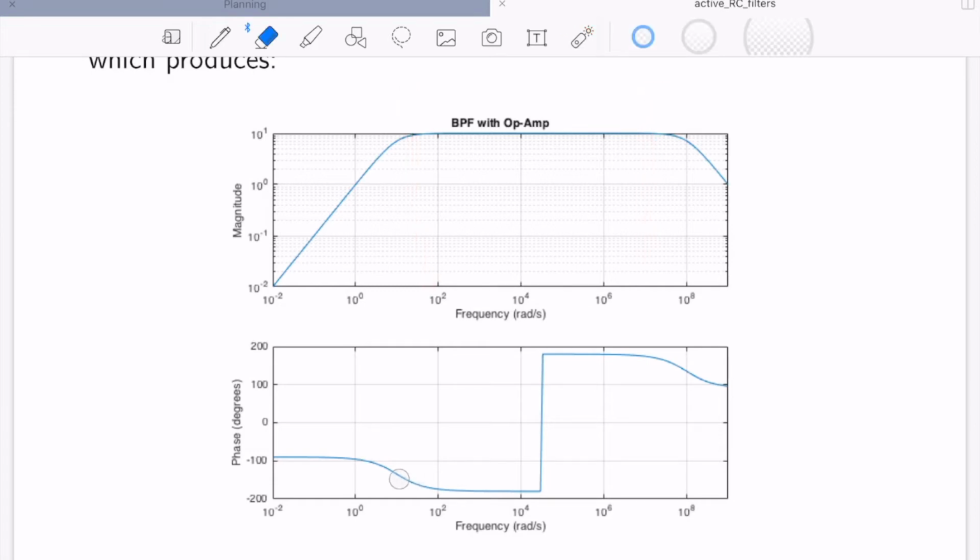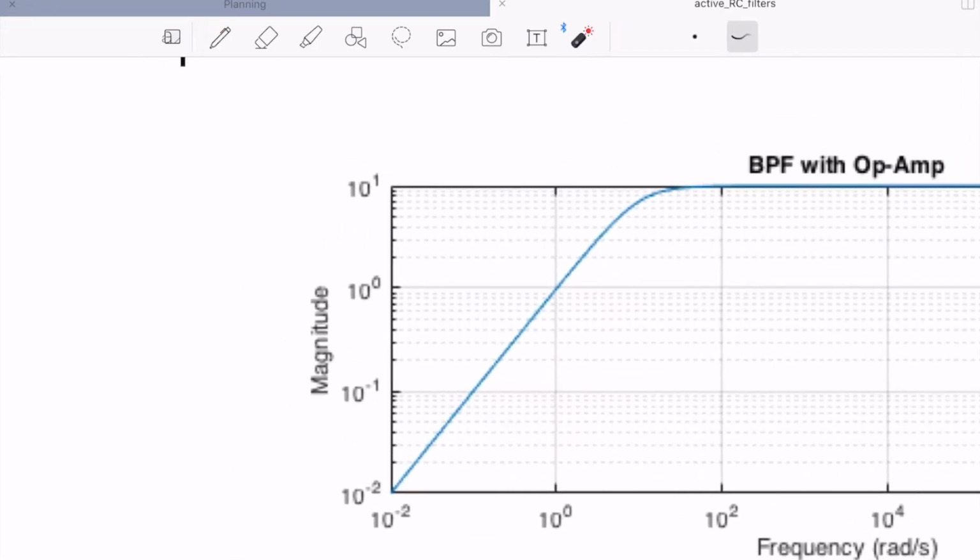The phase will be minus 180 and 180, which is basically a minus sign in both cases. So that's where you get the minus for your gain. Let's look at the pass band again. If it's 10 in the pass band, we read over here 10. So 10 minus 3 gives us 7 dB. That will be our 3 dB down point.